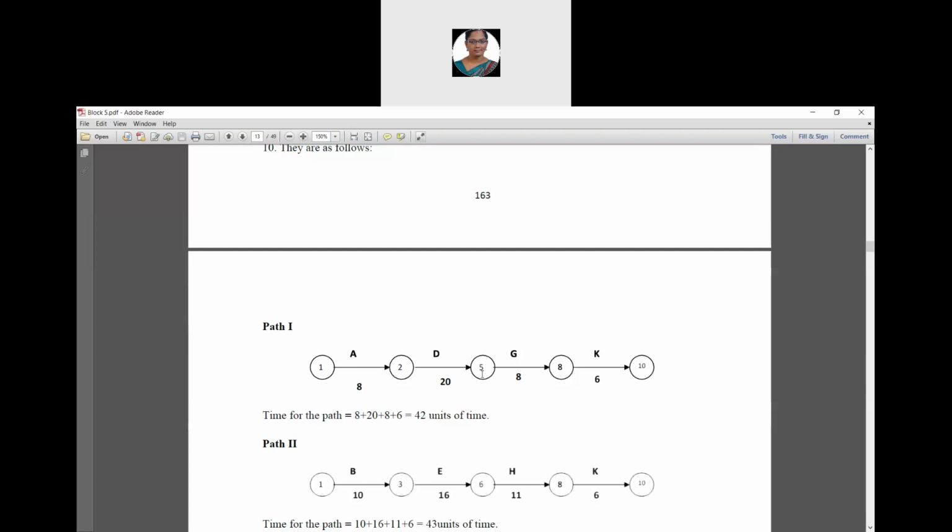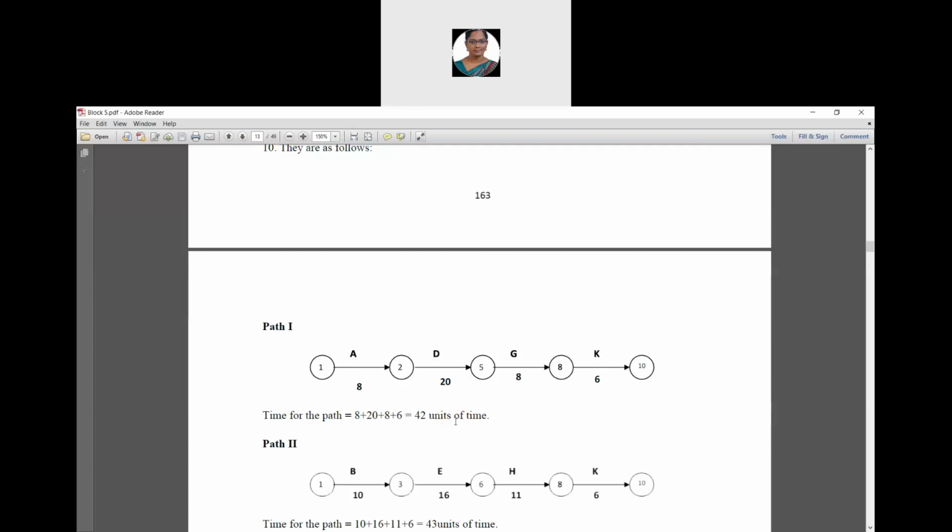Then node 5 to node 8 has an activity G and its time duration value is 8. Then from 8 to 10 has an activity K and its time duration value is 6. So we have to add all these: 8 plus 20 plus 8 plus 6. What do you get? It is 42 units of time.